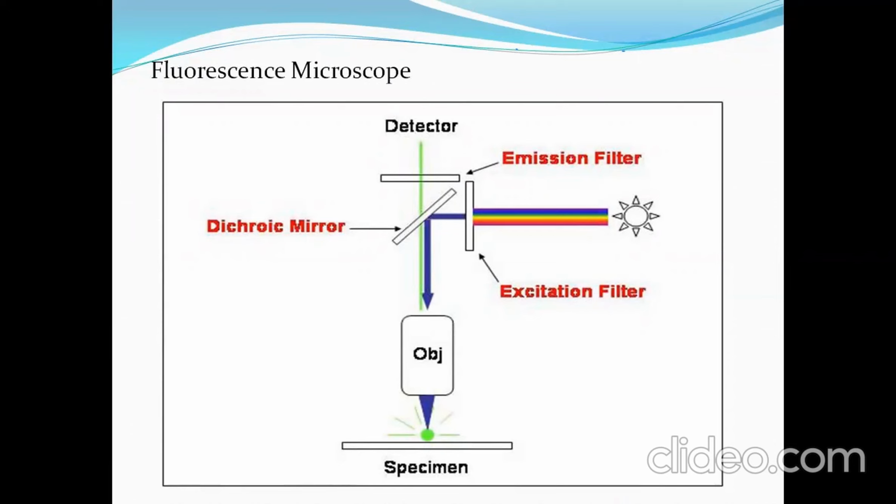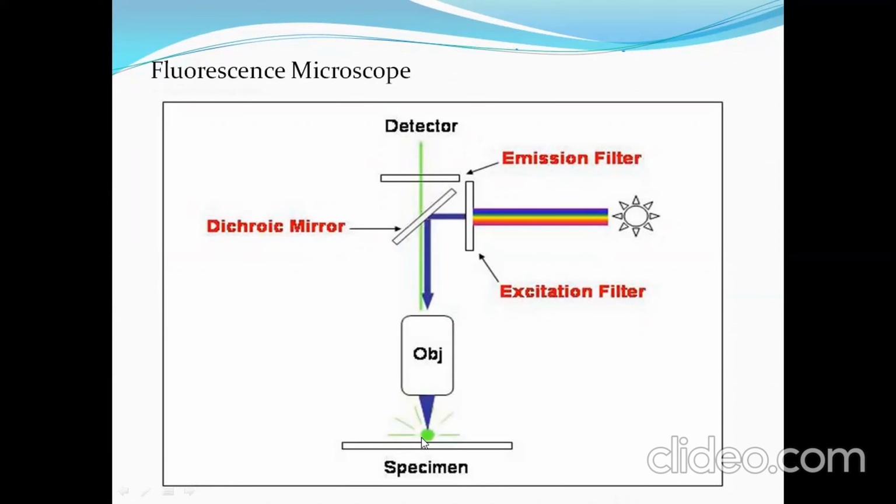So this excitation wavelength, for example 500 nanometer, which is less than 550, the transition value of this dichroic mirror, will be reflected and will pass in this direction and fall on this specimen.